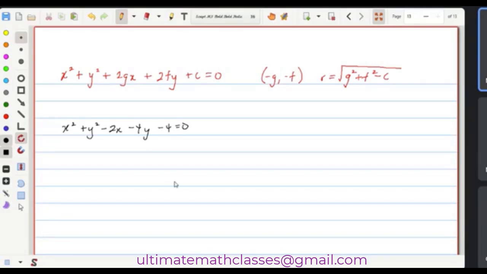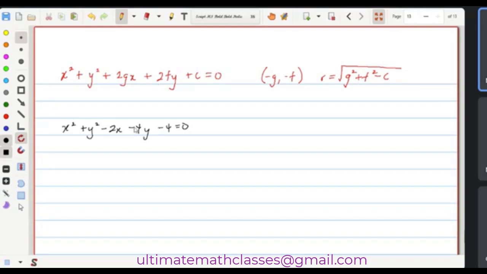Whenever you are given an equation like this, it's always advisable to compare it to the general equation of the circle. There is a different way to do that using completing of squares, but a lot of students don't like it. If you are good with completing of squares, you can just do that, but it's better to compare it to the general equation of the circle.